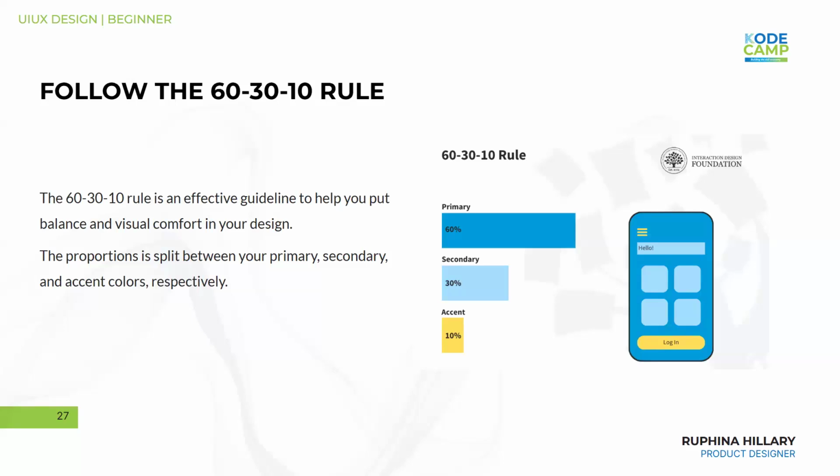So you can learn to split your design colors in that way to give a sense of hierarchy, a sense of importance to some specific colors. Right? So now accent colors, now you're using only 10% of accent colors.